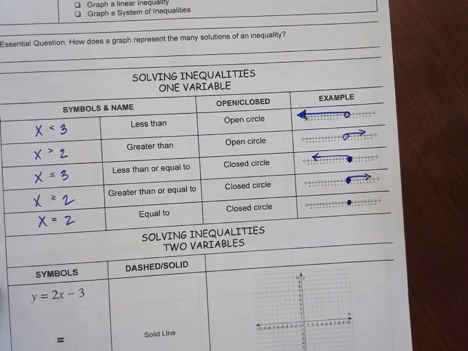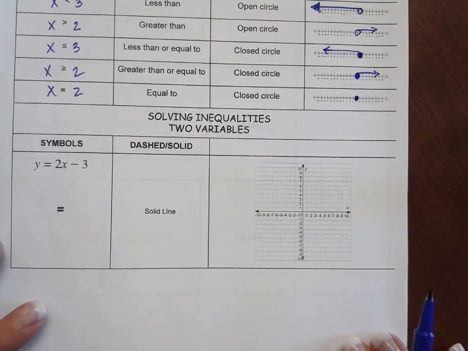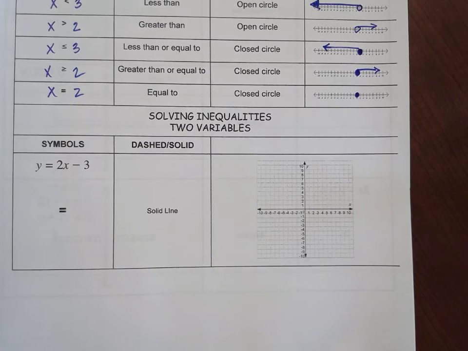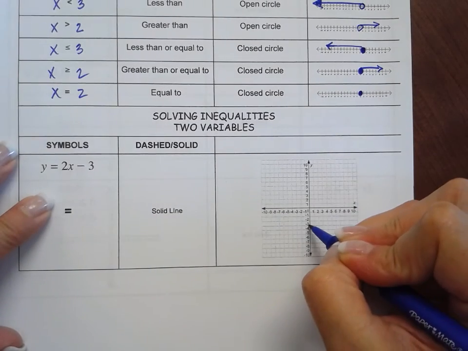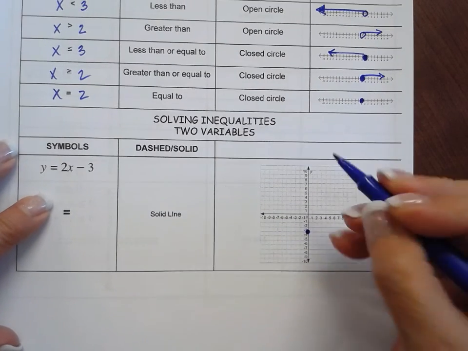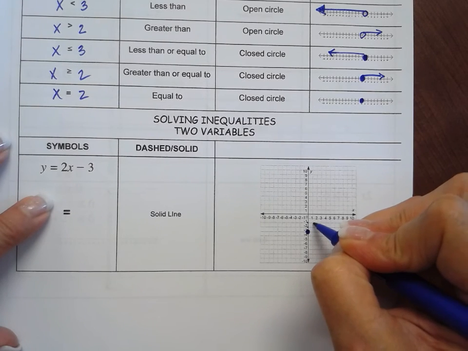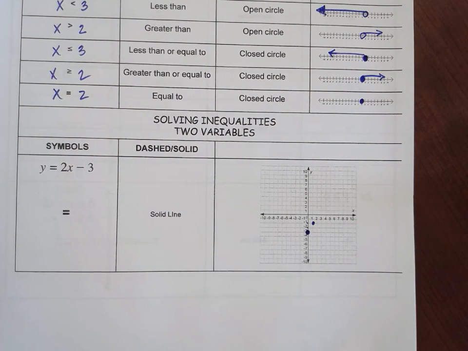I think. Okay. So, if you are doing an inequality with 2 variables, now we're jumping to 8th or 9th grade, maybe. And if it's equal, then you go to your slope intercept.